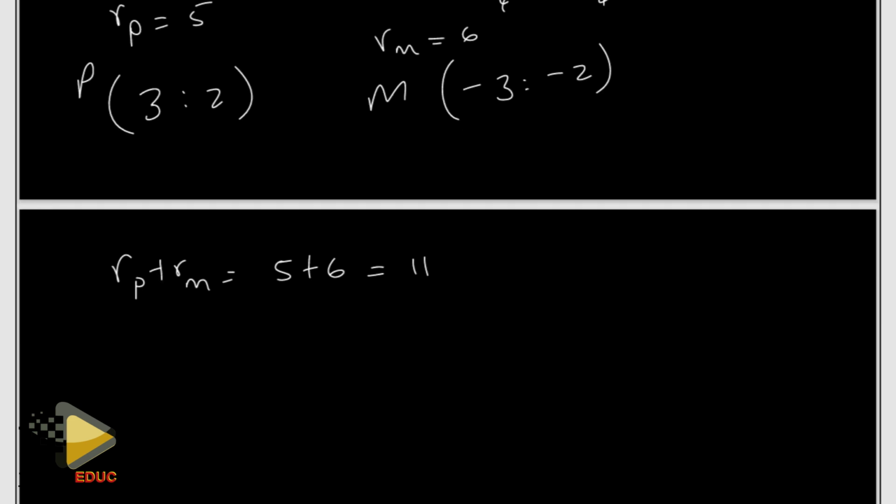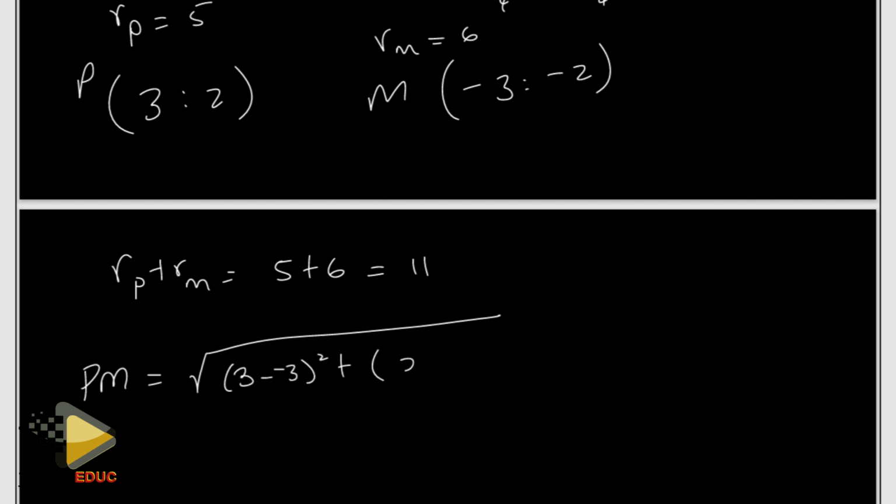Okay, and let me also get the distance PM using my distance formula. So I can say 3 minus minus 3 squared plus 2 minus minus 2 squared. Distance formula, x minus x1 squared plus y minus y1 squared.